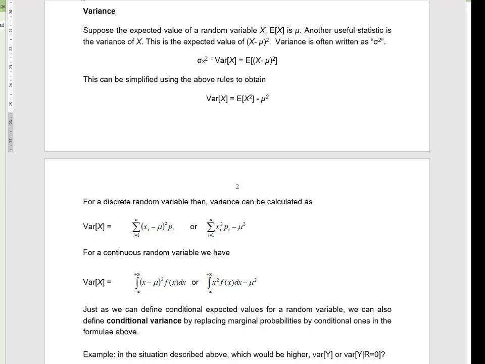But the nice thing is that, having gone through all that quite complicated proof above about why the expected value of a plus b is equal to the expected value of a plus the expected value of b, now you can use it to quickly show this, the variance of x, which is this kind of awkward expression.